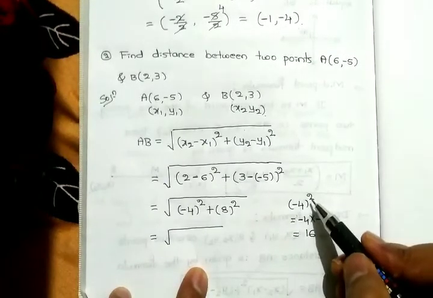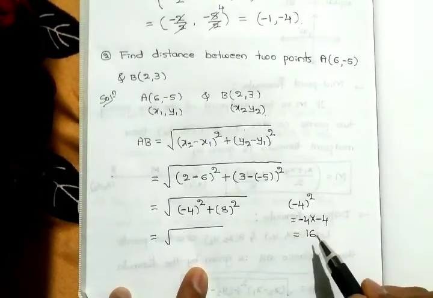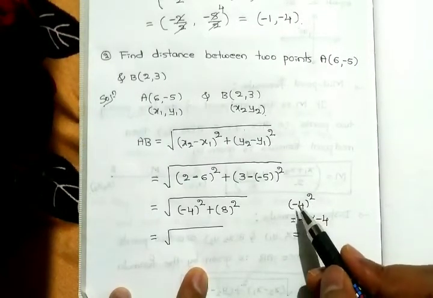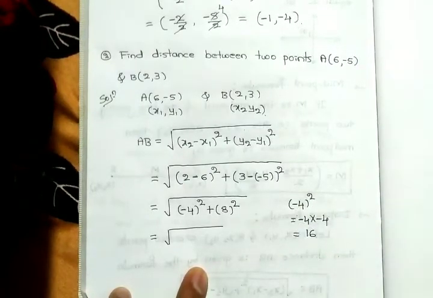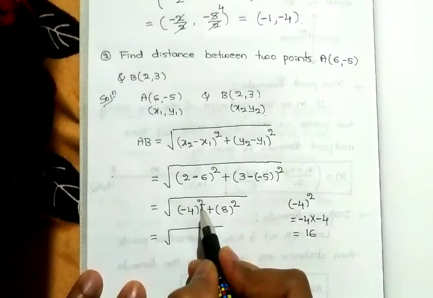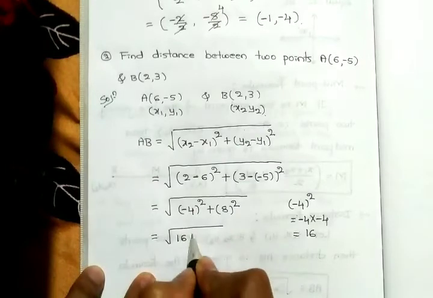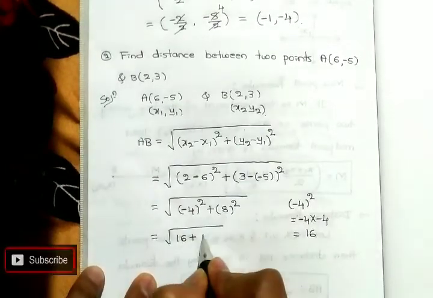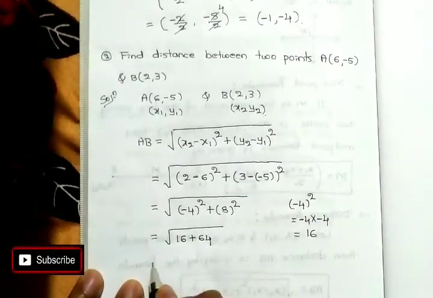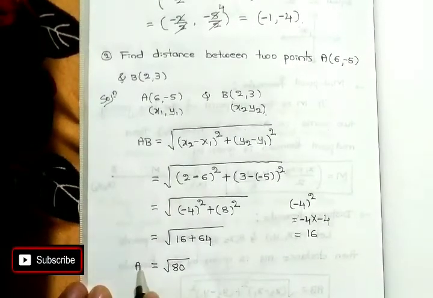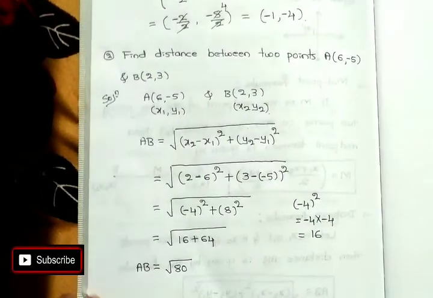If power is even number, negative sign becomes positive. If power is odd number, negative sign will remain as it is. Therefore here minus 4 square is 16 plus 8 square is 64, which is equals to square root of 16 plus 64, which is 80. So this is the AB distance value.